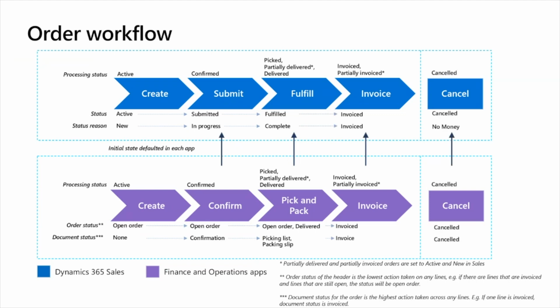Now, cancellation, that's another process that occurs in finance and operations. You cannot cancel orders in sales where you've got this integrated scenario. So that button that would normally be there is not.